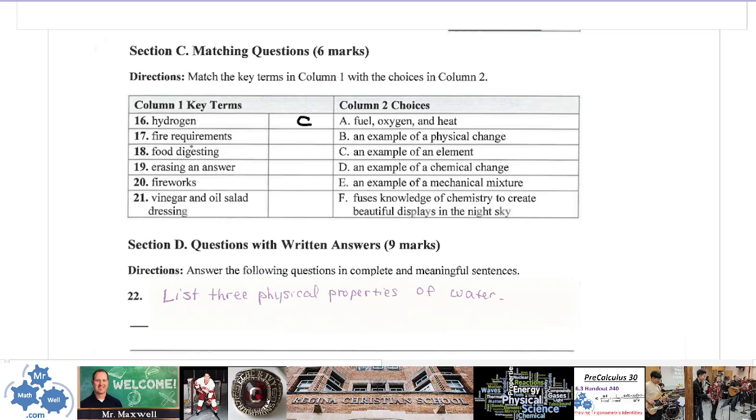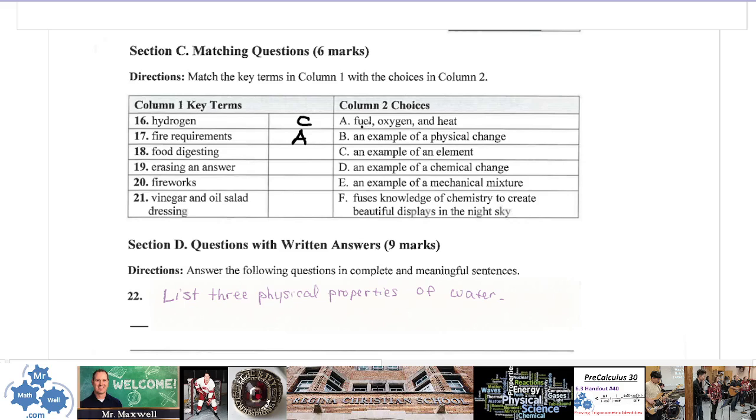What is required to have a fire actually burn? That's letter A, fuel. So that's something to be burned, oxygen, and heat. You need some kind of heat to start the fire. So fuel and oxygen are the big things, but you've got to get it started with some kind of friction or heat. That's the other important piece.